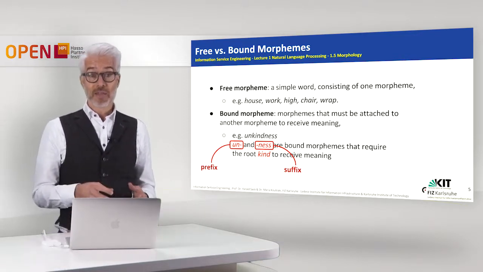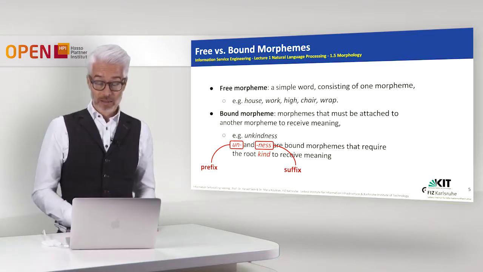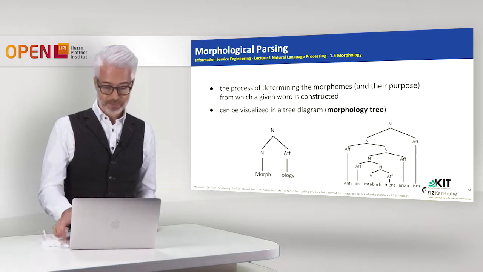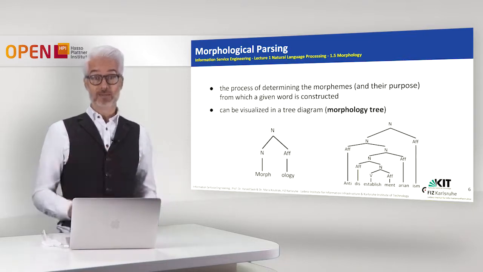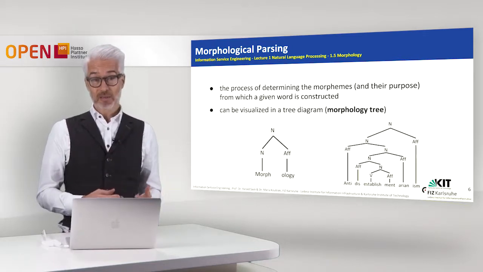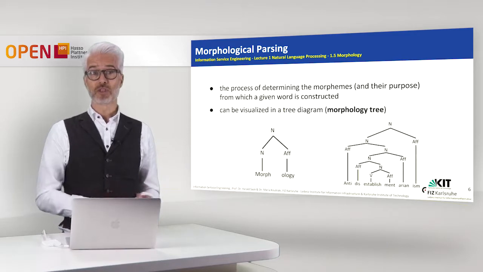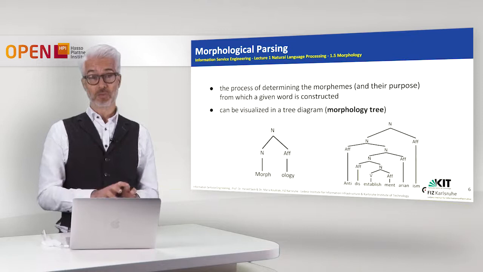And of course, there can be several suffixes in a row, as we can see when we build words in the English language. On the other hand, if you have a complex word and you want somehow to find out what the meaning of the word is, what you do is a morphological parsing to find out what the morphemes are of which the word is composed.